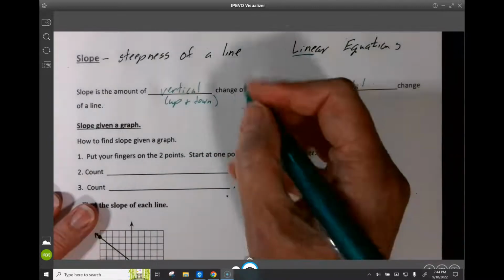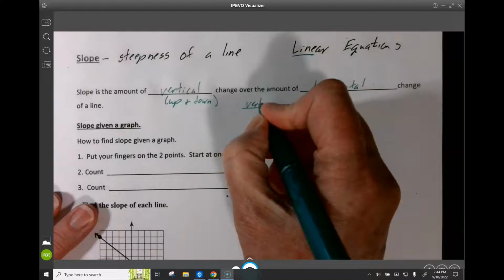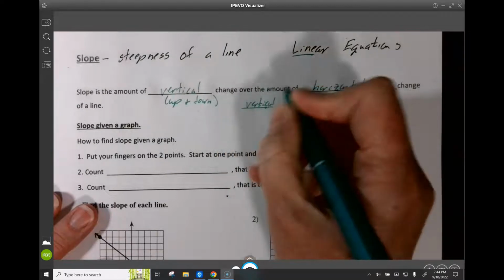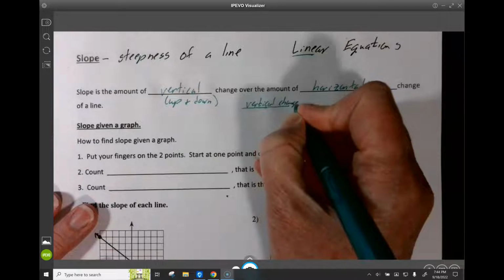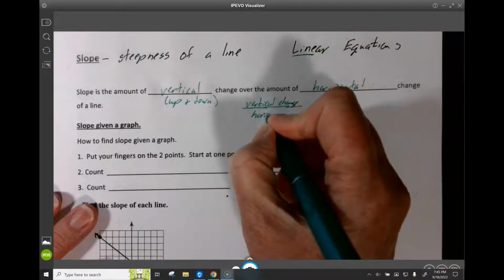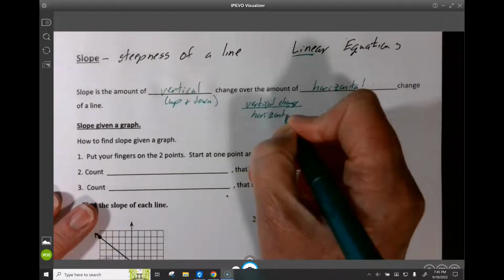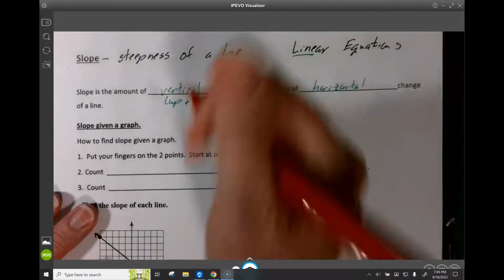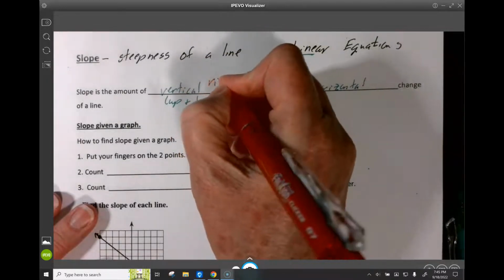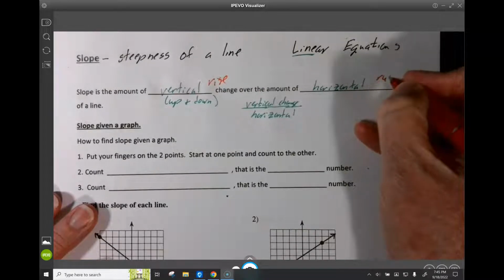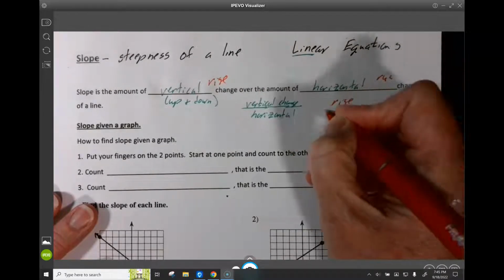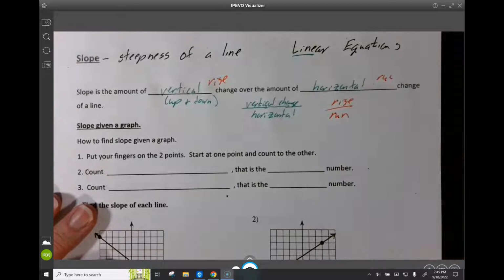So it's vertical change over horizontal change. You will hear some people talk about rise over run. So rise over run is another way that people view it.